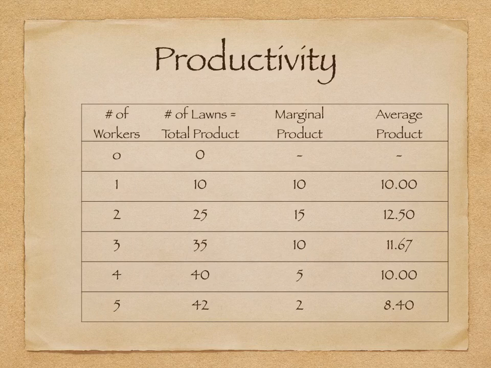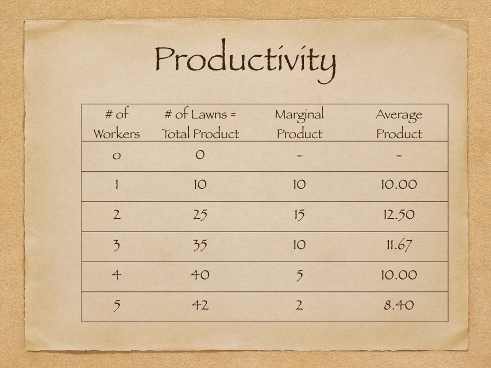That's arrived at by taking the total number of goods produced and dividing it by the number of workers that produced those goods. So we can see that the average product rises and then falls as a result of the diminishing marginal productivity of the workers.